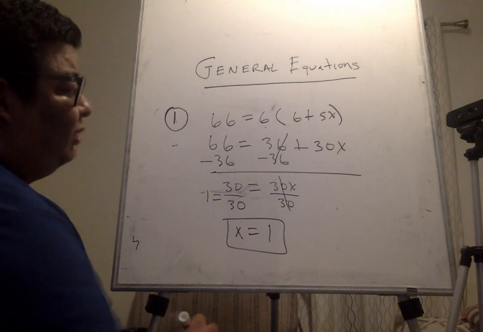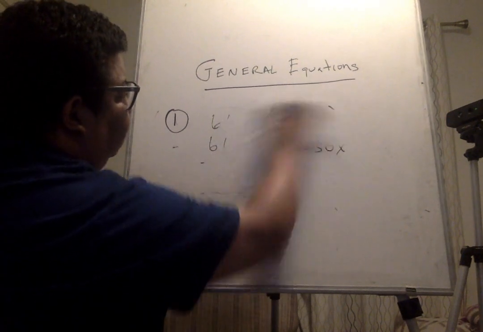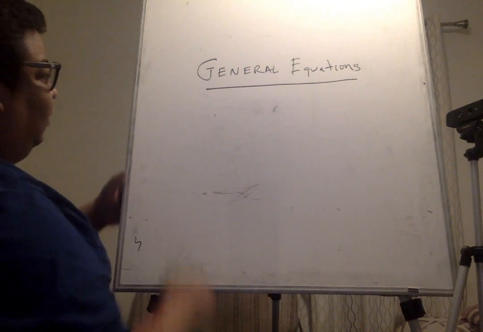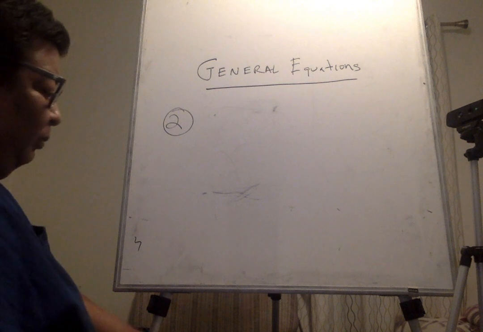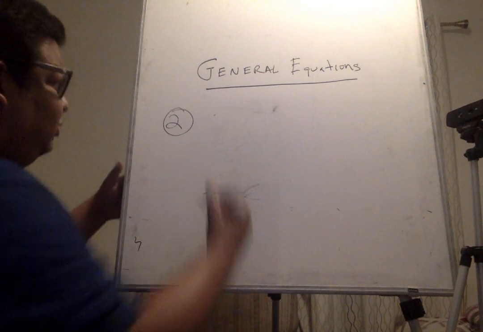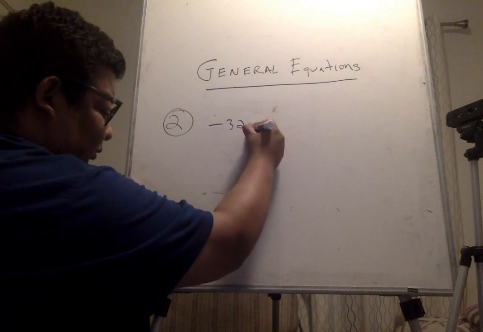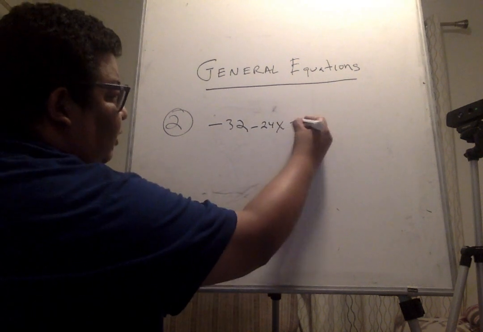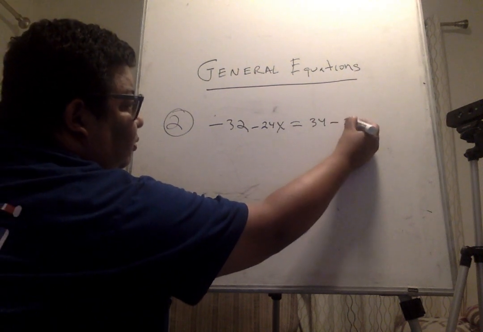Let's go to our next example. Problem number 2 says that negative 32 minus 24x equals 34 minus 2x.